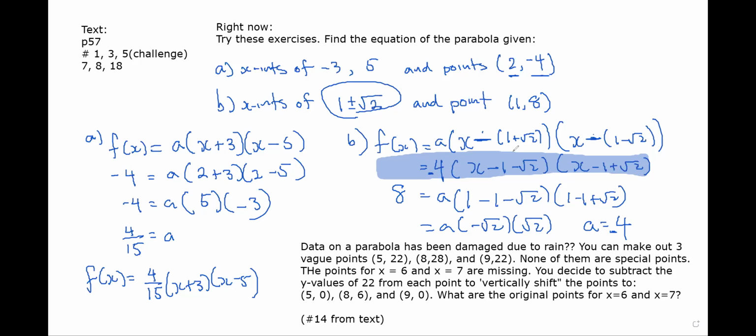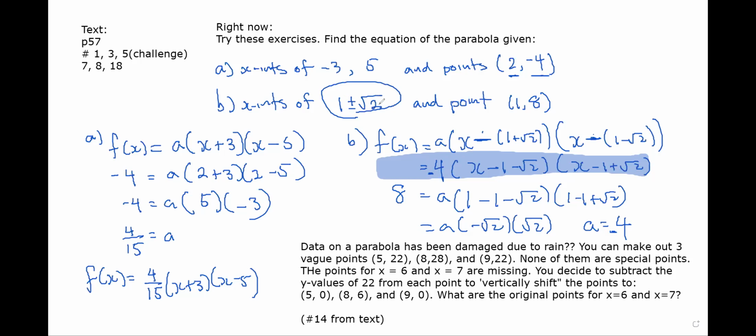The first line. I think it should be x minus 1 minus root 2 and x plus 1 minus root 2. Oh, no. That's not positive. It's still positive 1 plus this, and it's still positive 1 minus this.